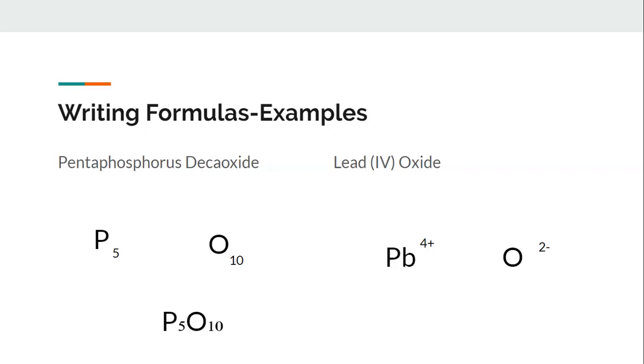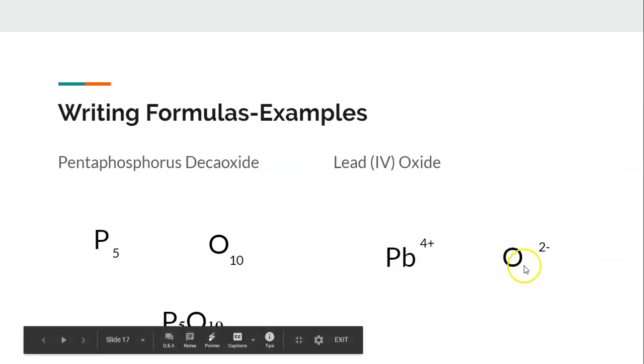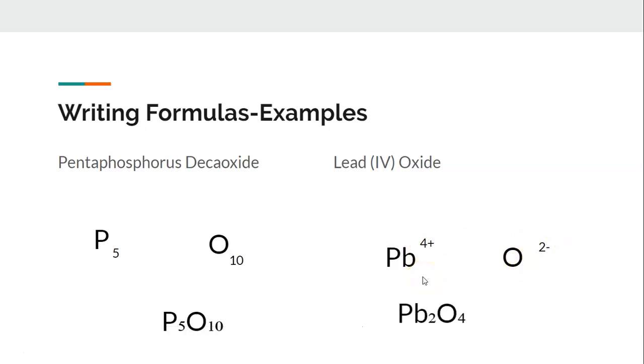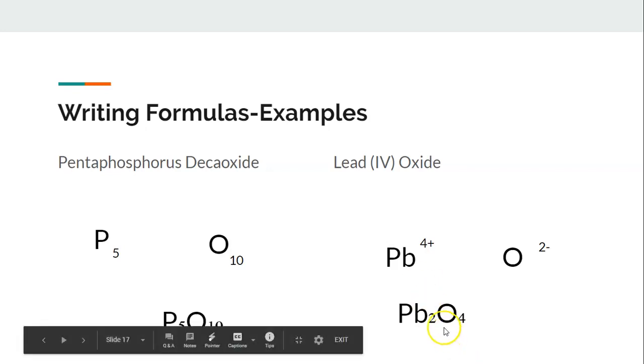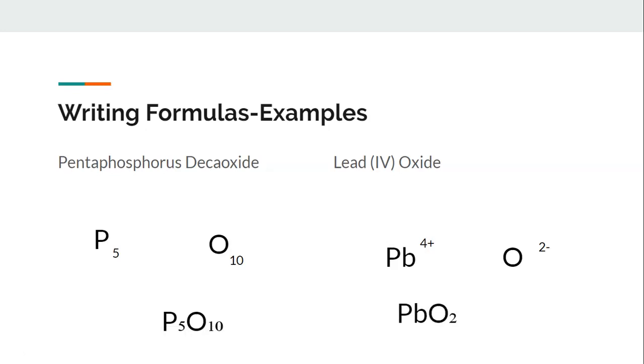So I'm going to crisscross applesauce, which means this 4 right here is going to attach to the O, and this 2 is going to attach to Pb. Now, in ionic bonding, I can reduce down. Okay, so 2 and 4 are both divisible by 2, and so I'm going to reduce them down, and my new product is PbO2.